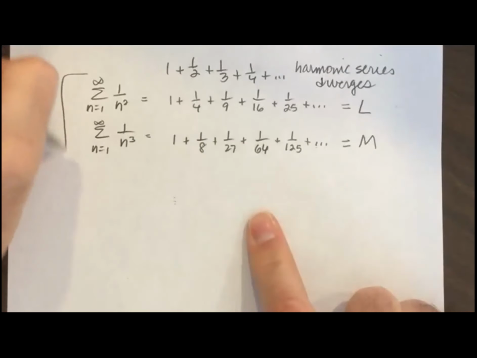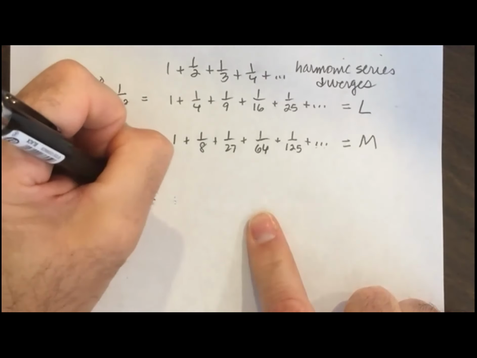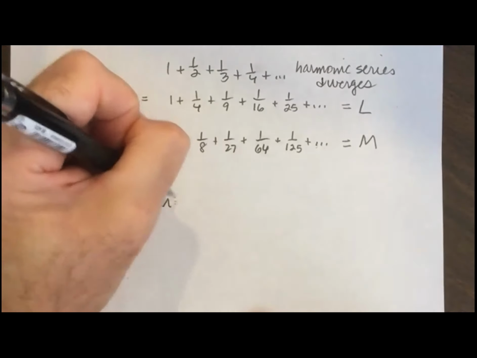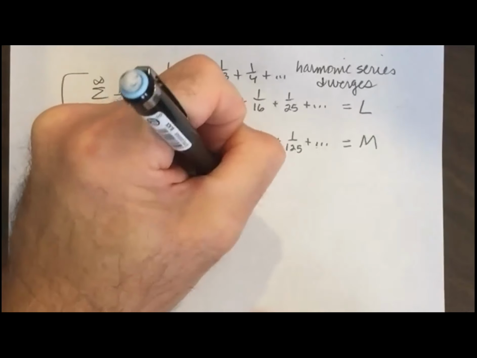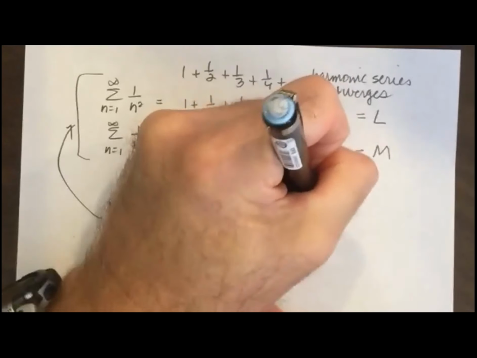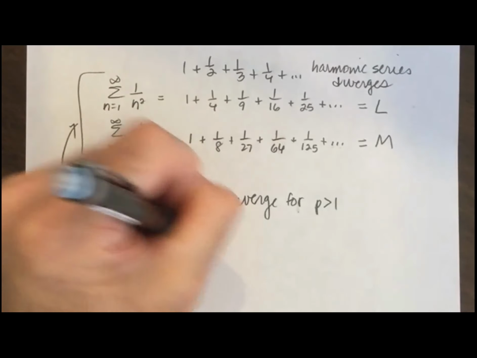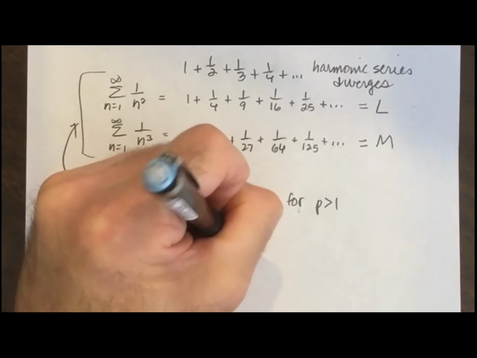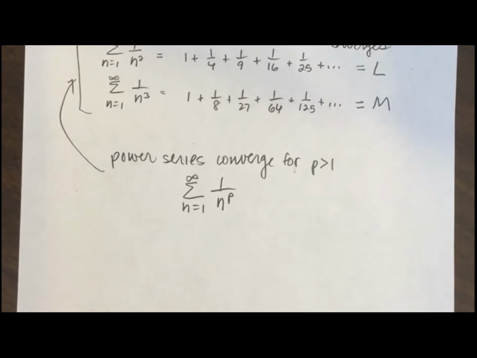But these series, which we're going to call power series, because it's numbers to powers, they all converge for p greater than 1, meaning the sum n equals 1 to infinity of 1 over n to the p. Okay, for p greater than 1, those all converge.